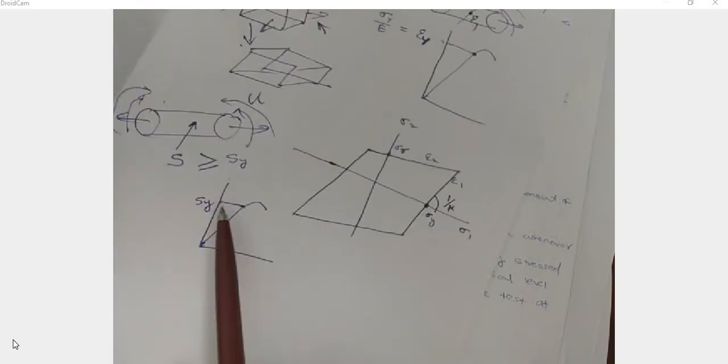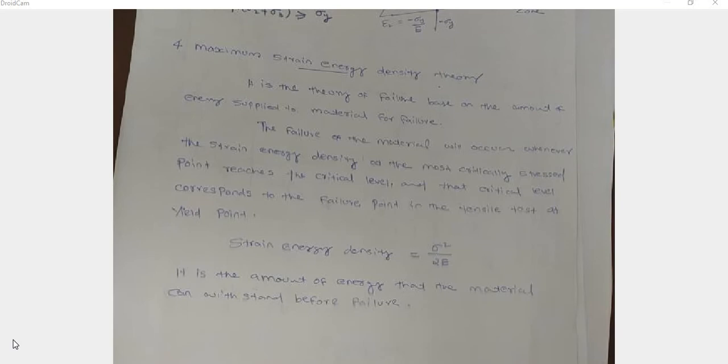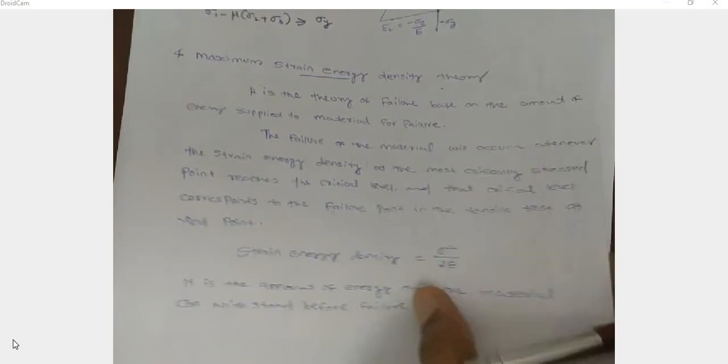And what is the critical level? The strain energy corresponding to yield point. Strain energy density is equal to sigma square by 2E, that is the amount of strain energy in this body per unit volume, and it is the amount of energy that a material can withstand before failure.